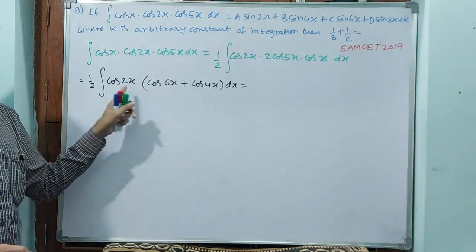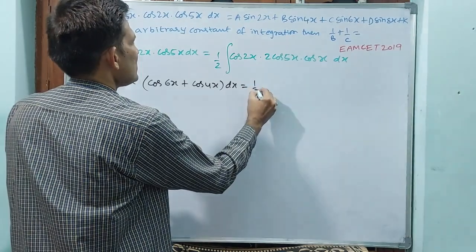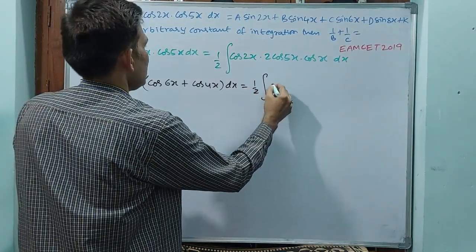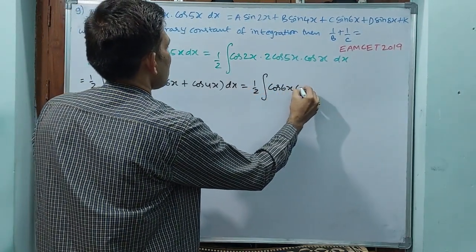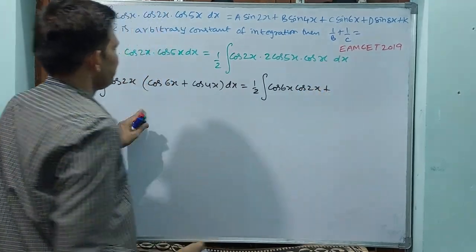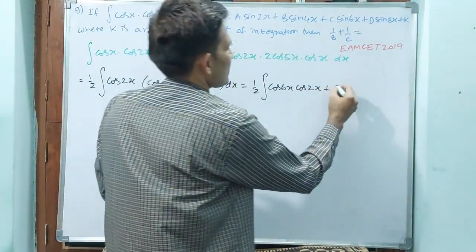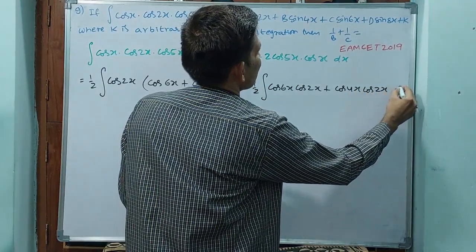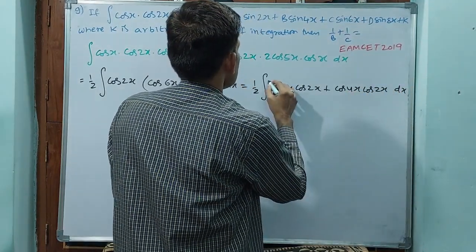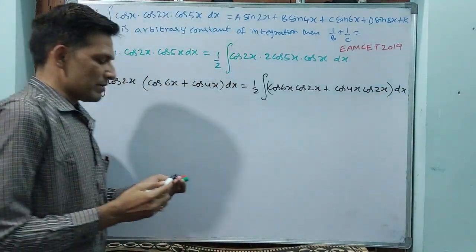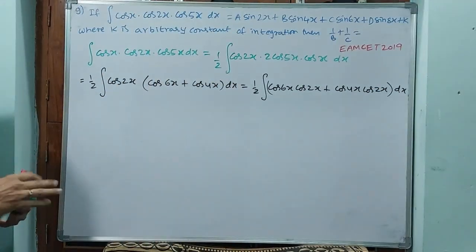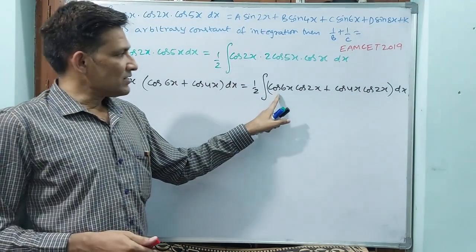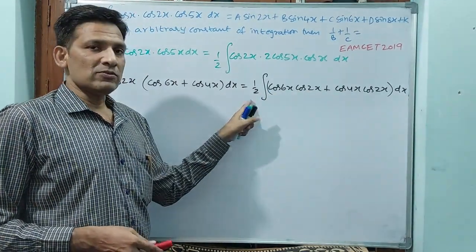Then you send cos 2x inside. 1 by 2 integral cos 6x cos 2x plus cos 4x cos 2x dx. Okay. If you want, you can keep like this.